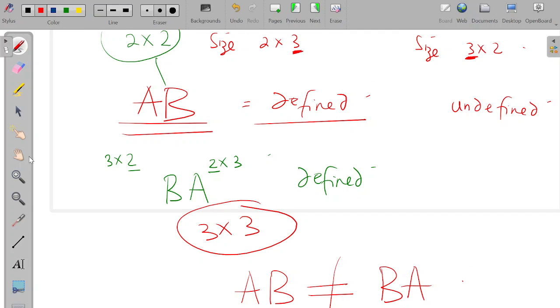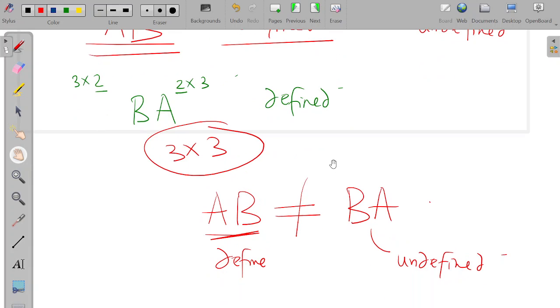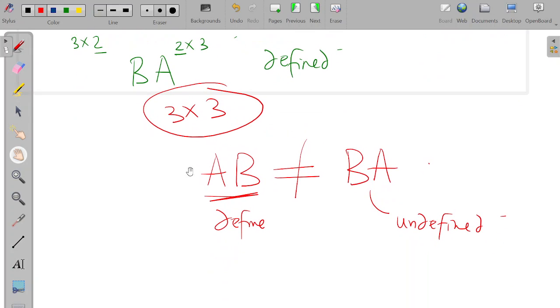Any property that makes them the same is a special property, okay? But for now, they are not the same. And sometimes this may be defined, but this one undefined, or this may be defined and this one undefined.